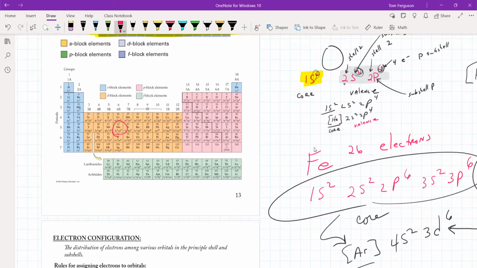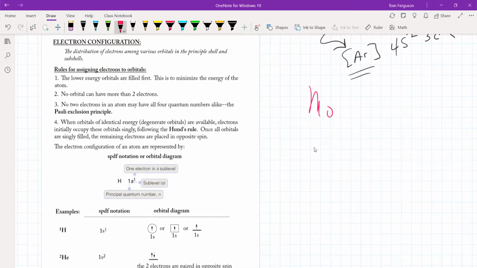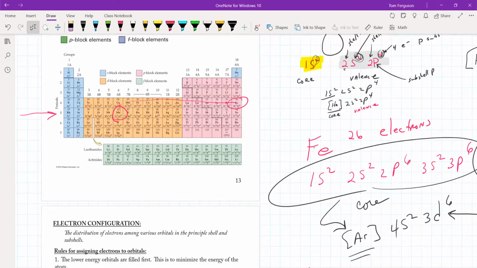Okay, now molybdenum is in shell 5. And real quickly, what's the noble gas? We're going to use it as a shorthand for molybdenum. We go up 1 and all the way over, and that is krypton. So we're going to use krypton, and it's in shell 5, and 4d.